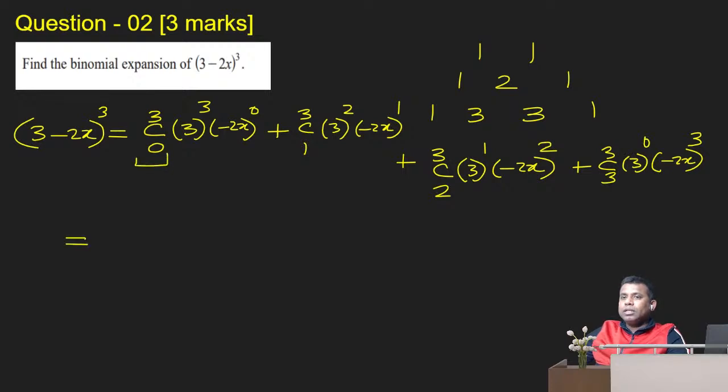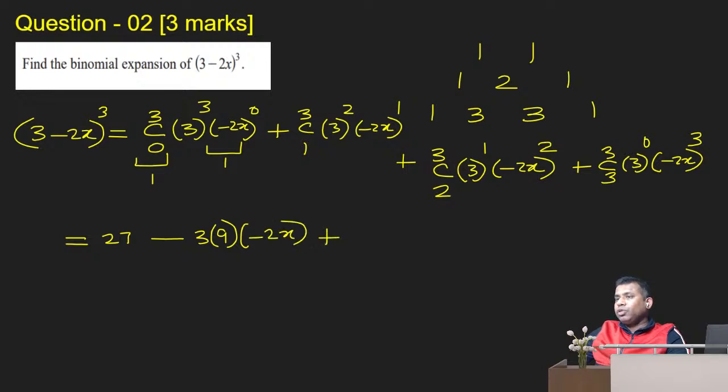3 choose 0 is 1, 3 to the power 3 is 27, and this one is 1. So the first term is 27. Then minus, because there is a minus there, 3 choose 1 is 3, so 3 times 3 squared is 9, and there is a minus 2x.